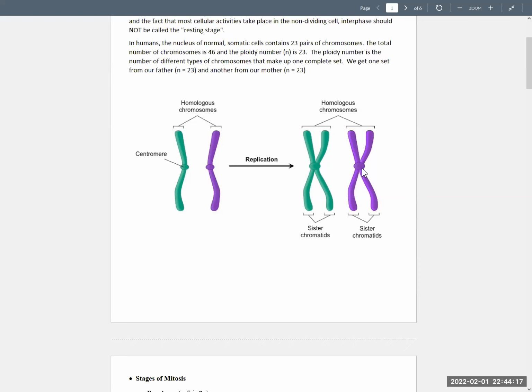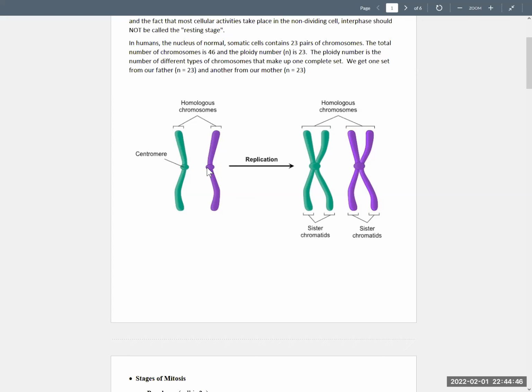Same thing happens with the other parent's chromosome that matches. The chromatids double. The amount of DNA, or you can say the amount of color that you see on the screen here, is double. Are the number of chromosomes doubled? No, they are not. Over here we have 1, 2 centromeres.